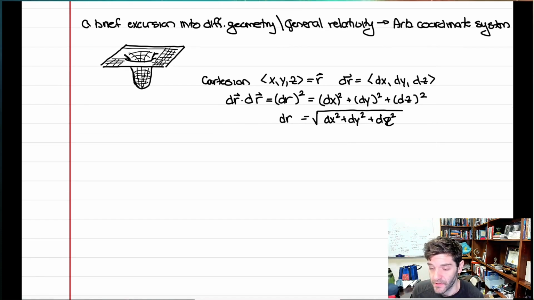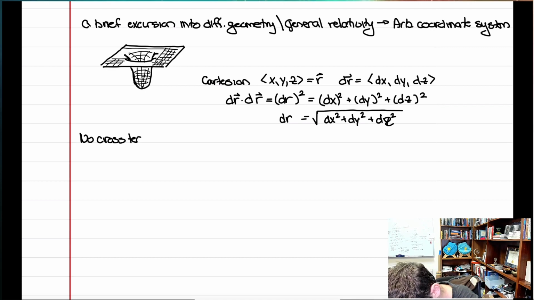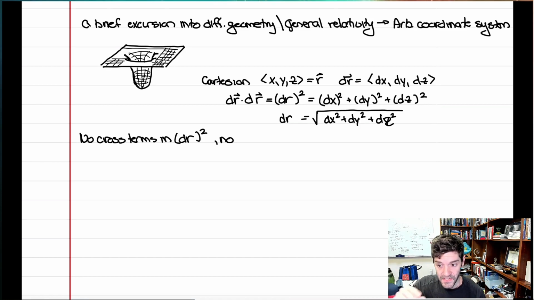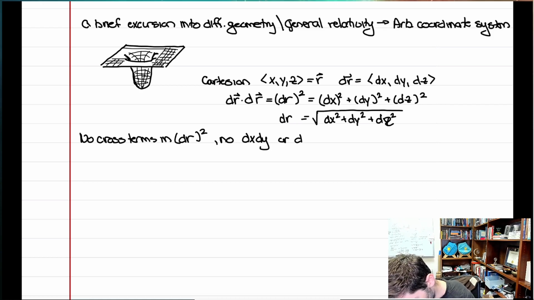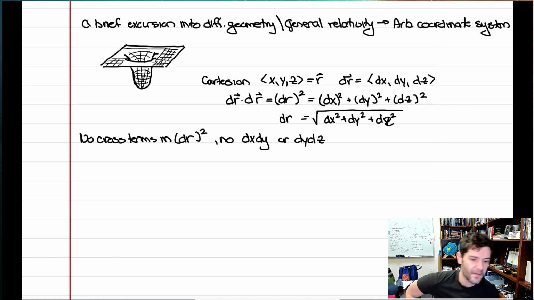So there are a couple terms which we've seen already. In this case, notice there are no cross terms in dr squared. By that I mean there's a dx times itself, a dy times itself, a dz times itself, but there's nothing like a dx times dy or a dy times dz.